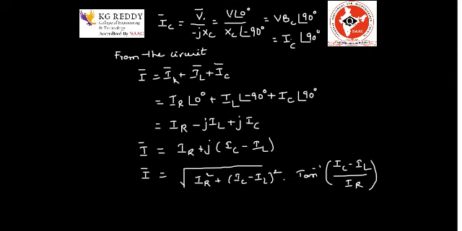Now the same equation in other words we can write is I bar equal to V bar into Y bar, that is equal to V into G plus V into BL at an angle minus 90 degrees, at the same time V into BC at an angle plus 90 degrees.